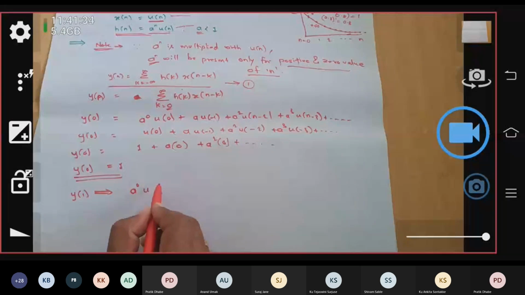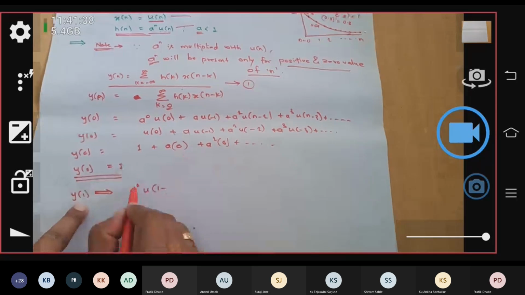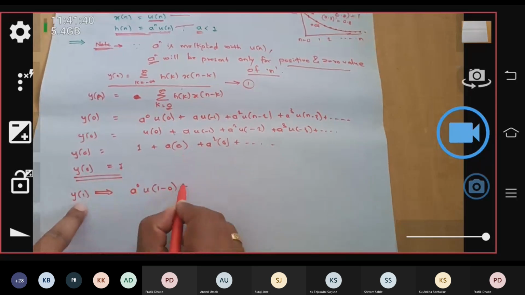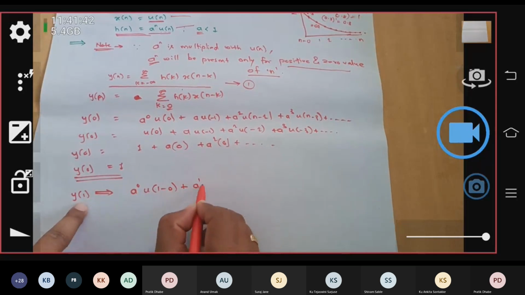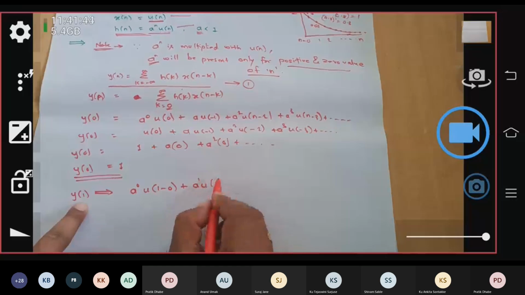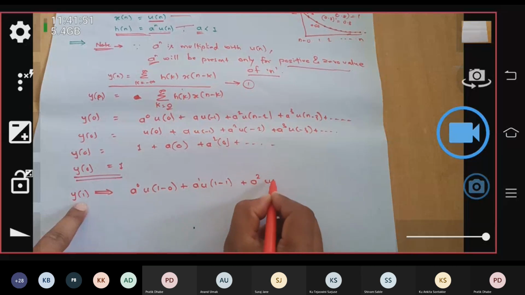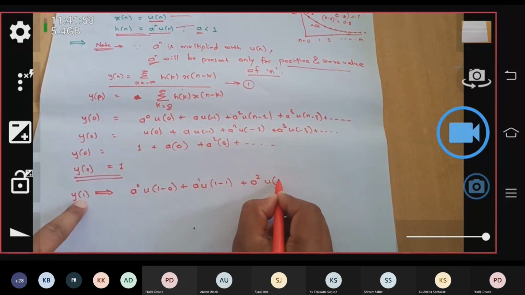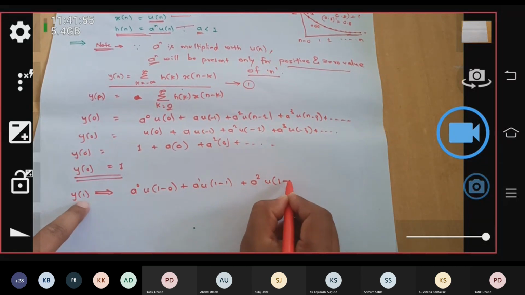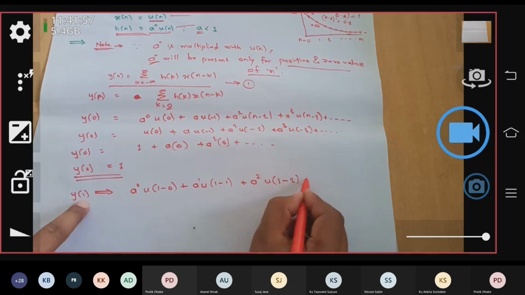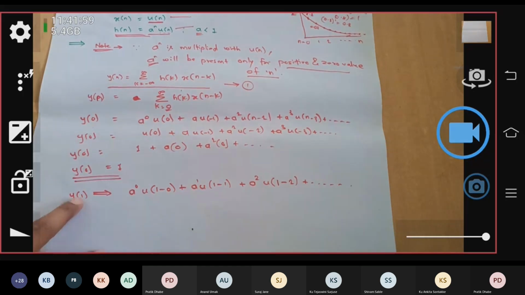What is n in this case? n is 1 minus k, where k is 0, plus a raised to 1 u of n minus k. Now n is 1, so 1 minus k is 1 in this case, plus a square u of n minus k. n is 1, so this is 1 minus k, where k this time is 2, plus so on.